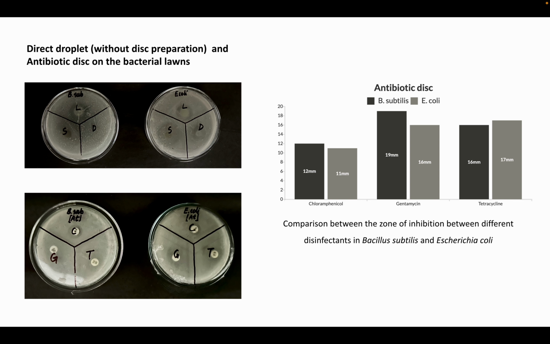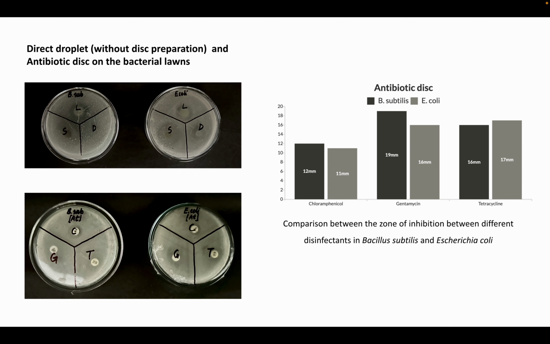But here we have seen that there is some kind of difference in the readings and zone of inhibition when we have used direct droplets. Maybe the discs that we used did not allow more disinfectants to spread, and might have absorbed some of it and did not allow it to spread when it was put in the bacterial lawn.